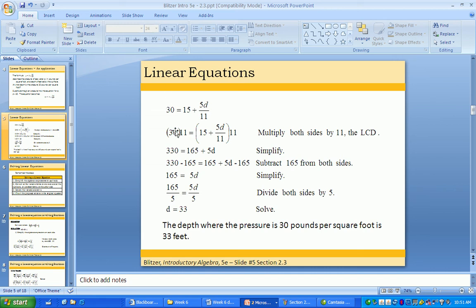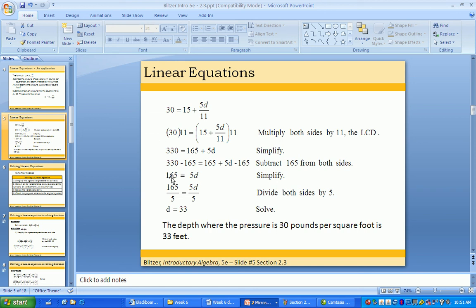You have to distribute the 11 to everything inside, which makes it 165, plus the 11 cancels with 11 there, and we get 5D. Now we bring our constant terms from the right to the left. We subtract 165 from both sides, and we get 165 is equal to 5D.